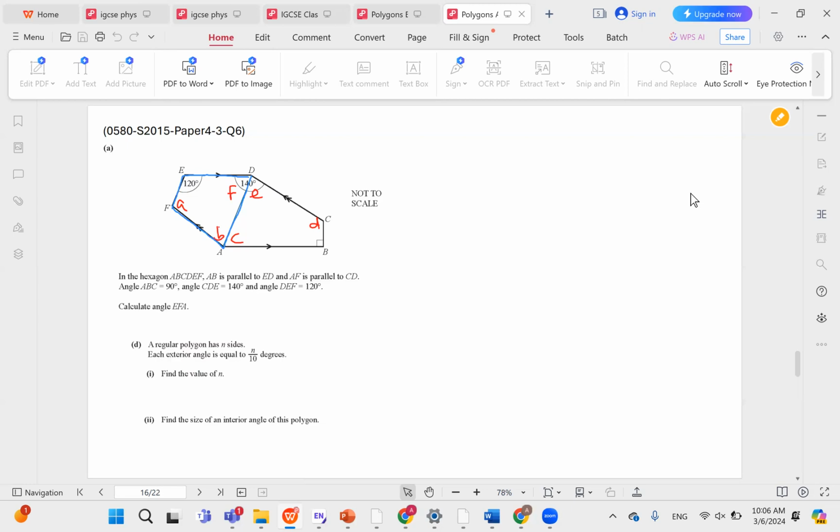So we can construct the first equation, A plus B plus F plus 120 equals 360. Then we can simplify: A plus B plus F equals, taking this to the other side, 360 minus 120, which gives us 240. So this is the first equation that we have.